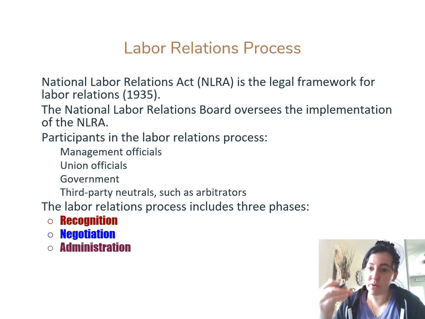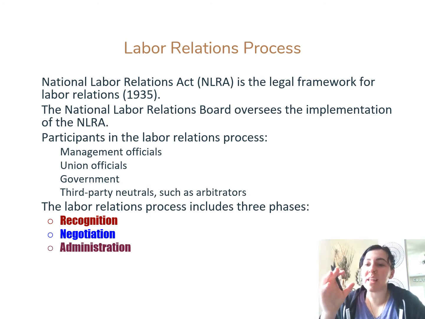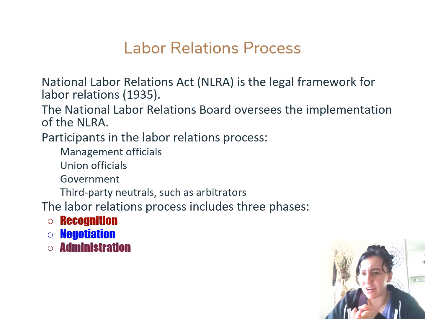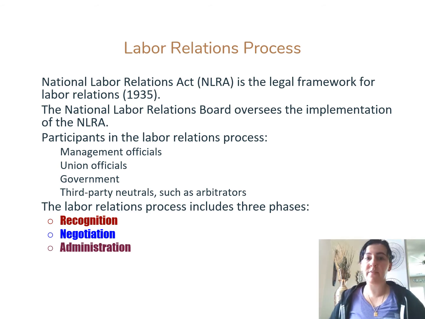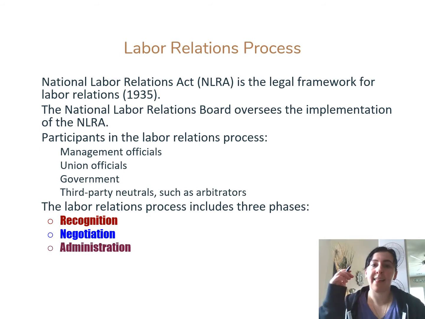Anyway, moving down, the participants in the labor relations process are the management officials, so the owners and managers of the business; the union officials, the people we elect to represent everyone else; all the other employees; the government; and third-party neutrals, maybe arbitrators, counselors, or attorneys.